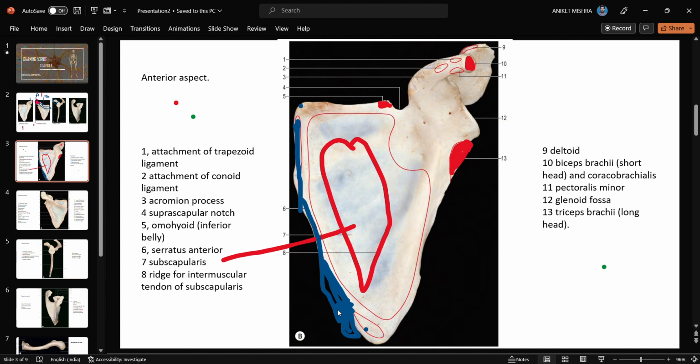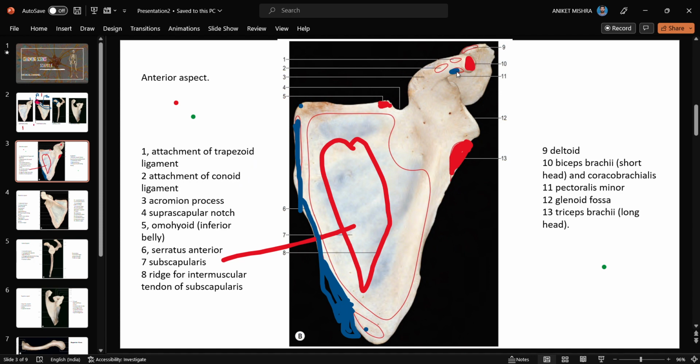The other muscle is the pectoralis minor. When we are seeing it, we have to know that the pectoralis minor is also going to insert onto the medial border and superior surface of the coracoid process.